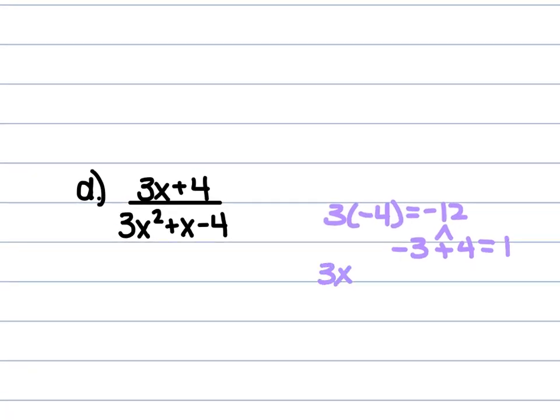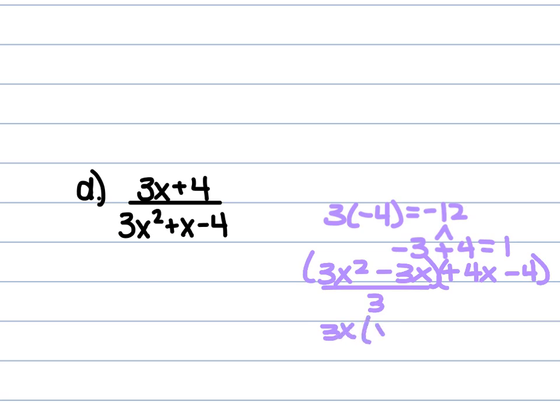So 3x squared minus 3x plus 4x minus 4. Factor by grouping. The 3x squared minus 3x, we're going to factor out a 3x. This is going to be 3x times x minus 1. And then the 4x minus 4, you can factor out a 4. So this is going to be x minus 1.